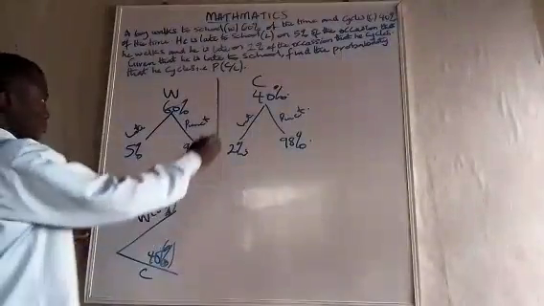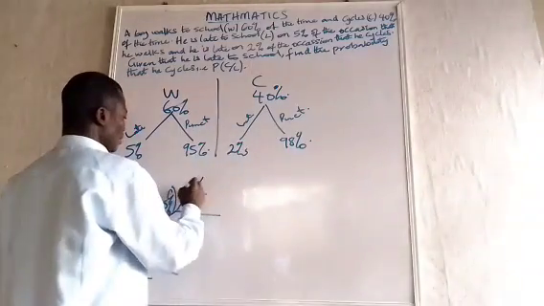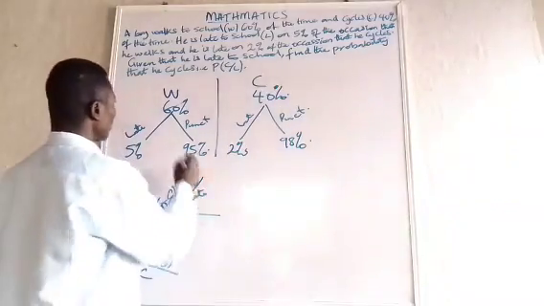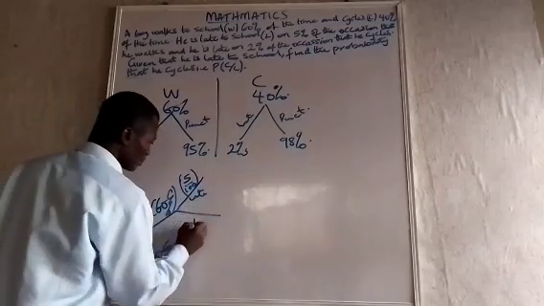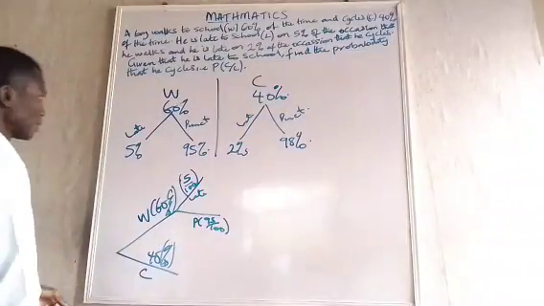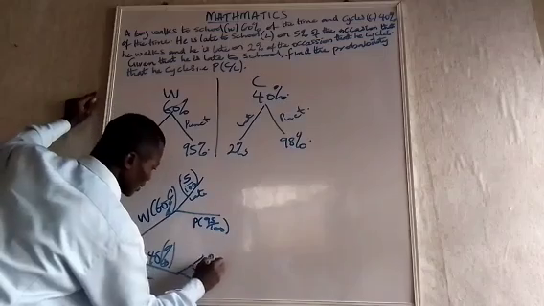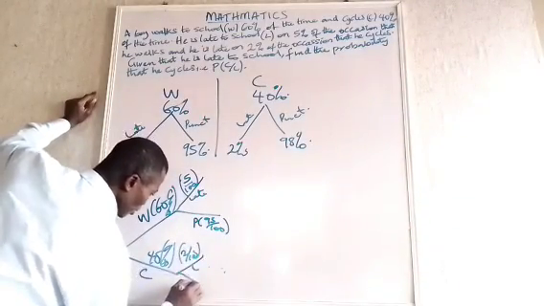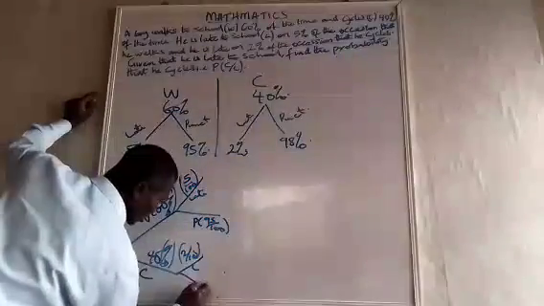Out of this time, he's late by 5%, and he's punctual by 95%. And in this place, he cycles. He's late by 2%, and he's punctual by 98%.